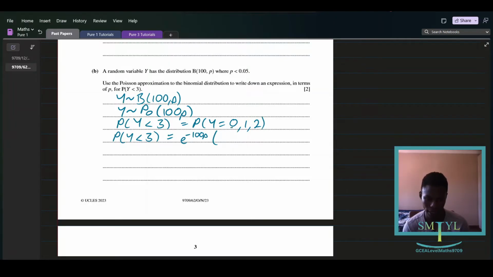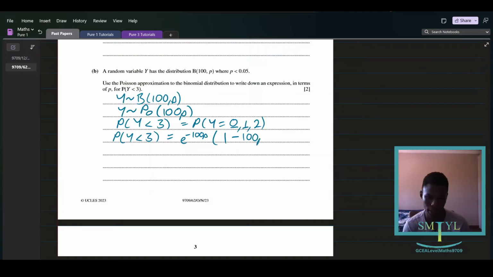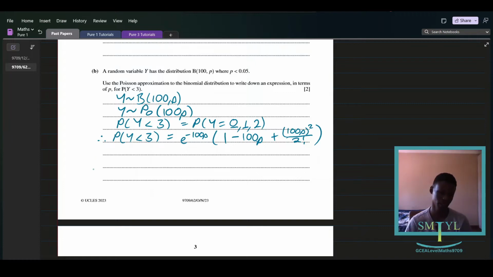When y is 0, this will be 1. When y is 1, that will be 100p. And when y is 2, that's 100p squared over 2 factorial. This would be our final answer. You can still simplify this further, but you can also leave it like this, since they've just asked you to write down an expression, they've not asked it to be in its simplest terms.